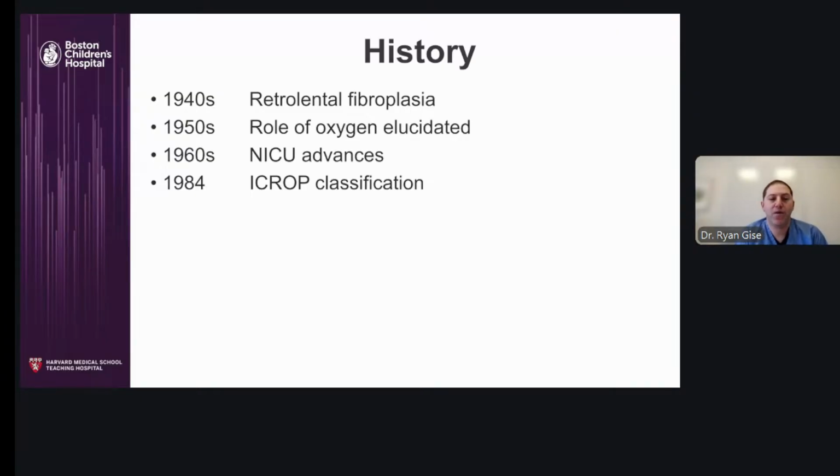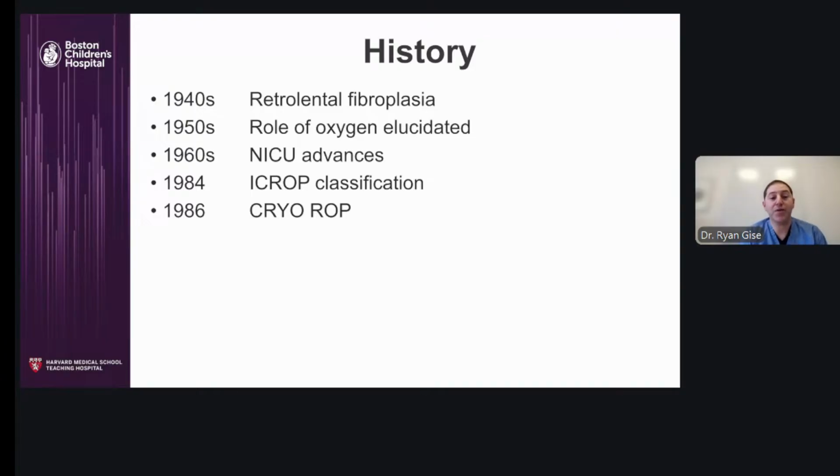In 1984, the first ICROP classification was released. Then in 1986, the cryo-ROP study demonstrated that we did have treatment methods, and if eyes reached a certain level, which at that time was called threshold, where you had either 5 contiguous clock hours of stage 3 or 8 total clock hours of stage 3 with plus disease, then treatment with cryotherapy would help improve visual outcomes, although visual outcomes were still not what we would want them to be today.